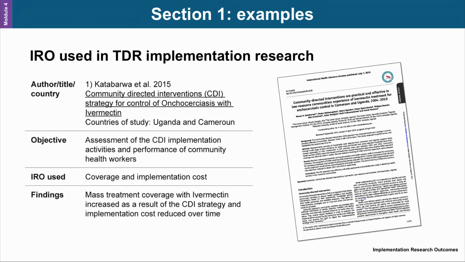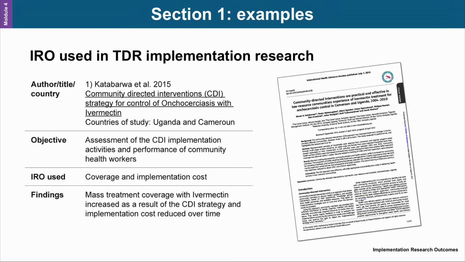So in this study, coverage is an example of implementation research outcome. So they looked at the proportion of people who had received the ivermectin under the community-directed strategy, and they compared it to people who have received ivermectin under the normal status quo, where ivermectin has been previously delivered.